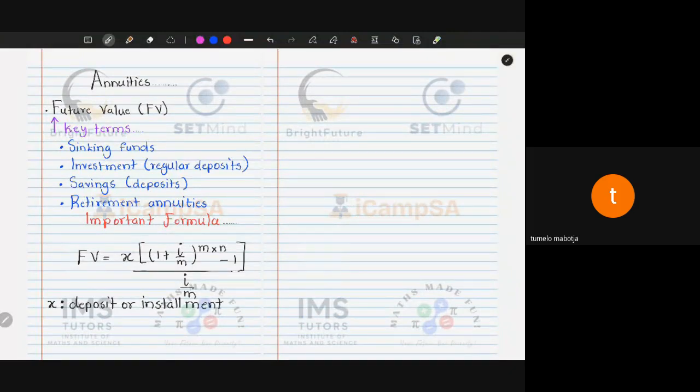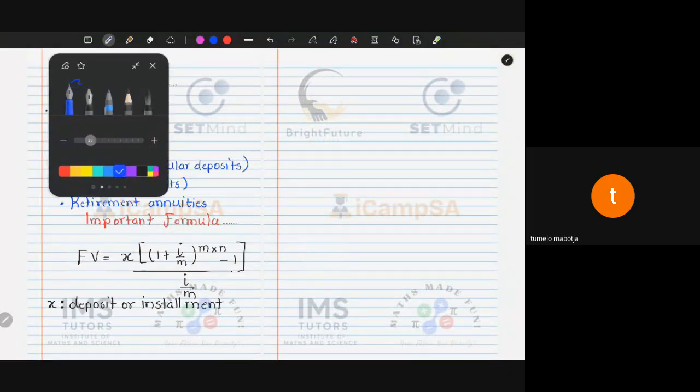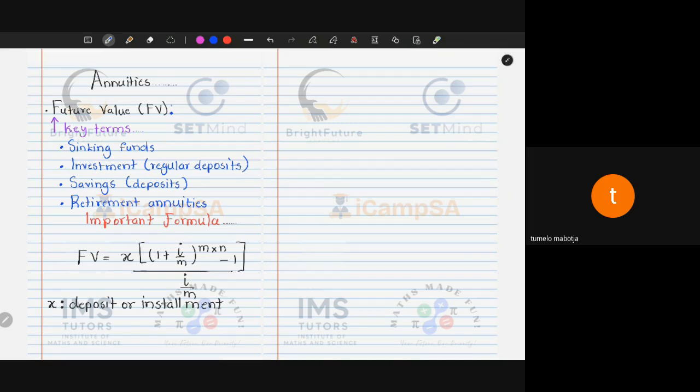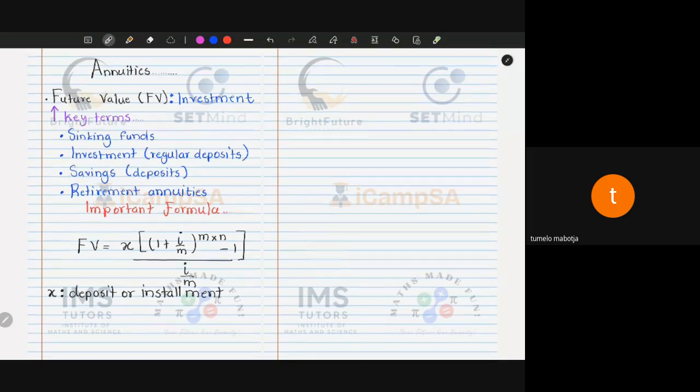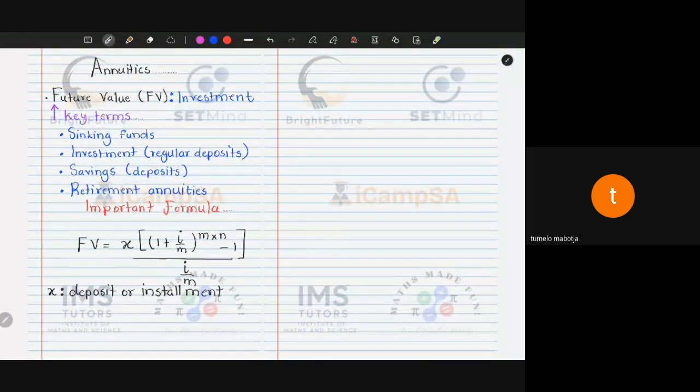Remember that with future value, what we are concerned about is actually investment. So we are investing for the future. When we invest, we are putting in money per period of time, money monthly in the bank, or weekly, or once after every 2 months, however we are making the deposits. So X will be that deposit.